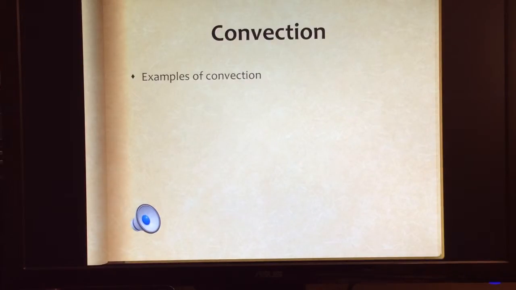Now, when it becomes less dense, those hotter molecules will rise to the top, and the cooler water molecules will sink to the bottom. And when they heat up, it happens like a cycle, so it's continuous. So the bottom hotter molecules will rise to the top and the cooler ones will sink to the bottom, and it's a continuous cycle.